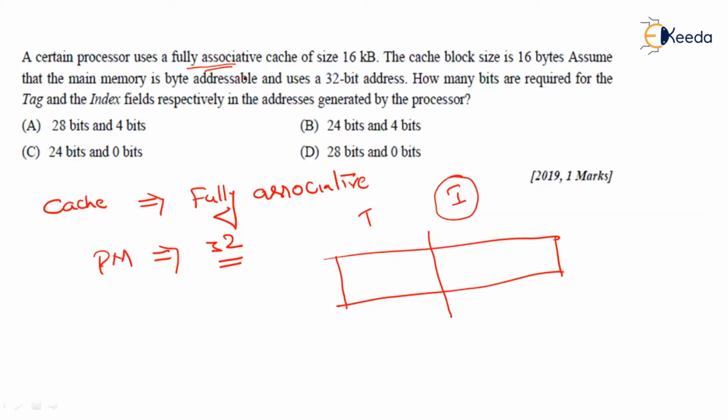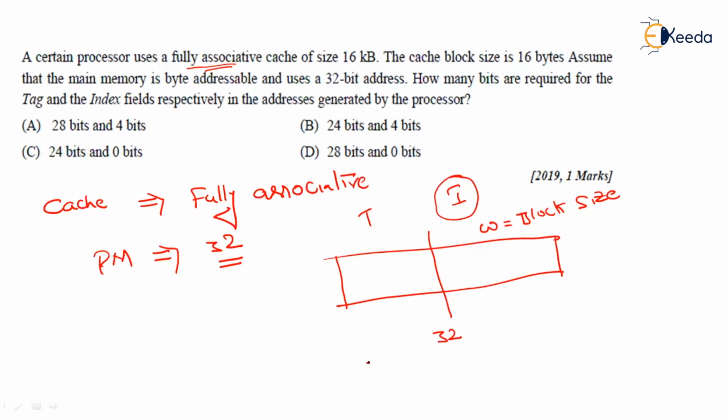So in the cache memory, we do not have the index portion. The total address field will be divided into only two parts. One is the word field, which is equal to the block size, and all the remaining bits will be for the tag.